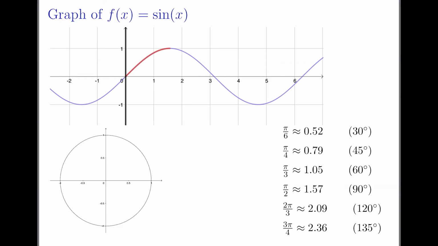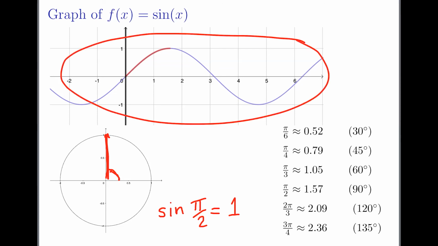So we know, for instance, that the sine of pi over 2, in other words, the sine of 90 degrees, we know that that's equal to 1. And the reason we know that is because we're drawing a 90-degree angle in our unit circle, and we're asking what's the y value of this point up here. And the way you see that on this picture is as follows.